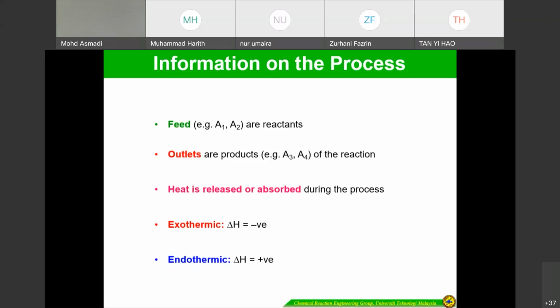The calculation of the change of enthalpy is important for further calculation of Gibbs energy and also entropy, because we want to know whether your system is in equilibrium or not in equilibrium, for a reversible process.